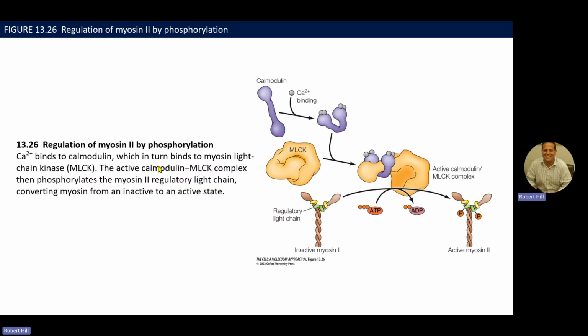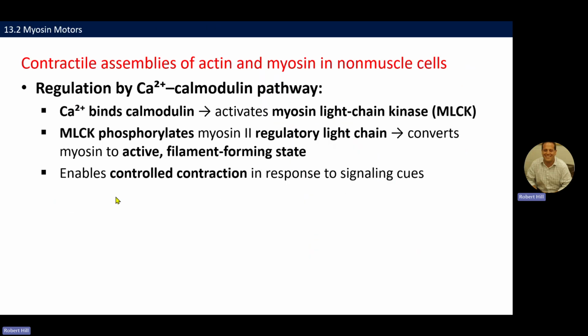So, also in non-muscle cells, myosin 2 activity is controlled by phosphorylation rather than the troponin-tropomyosin system that's found in skeletal muscle. So when intracellular calcium goes up, there's a signaling molecule called calmodulin.